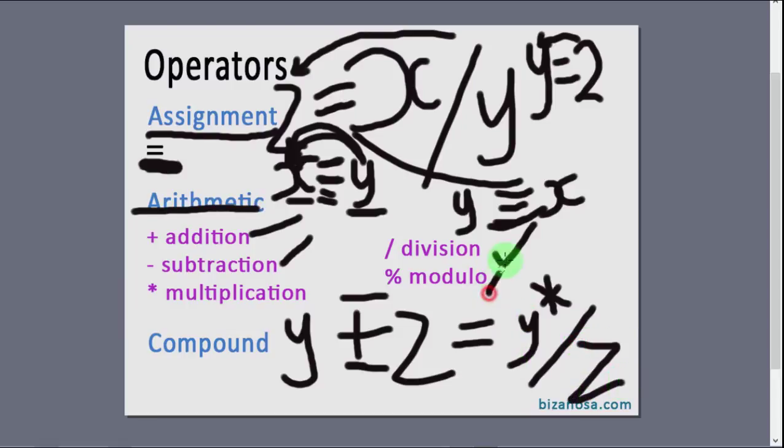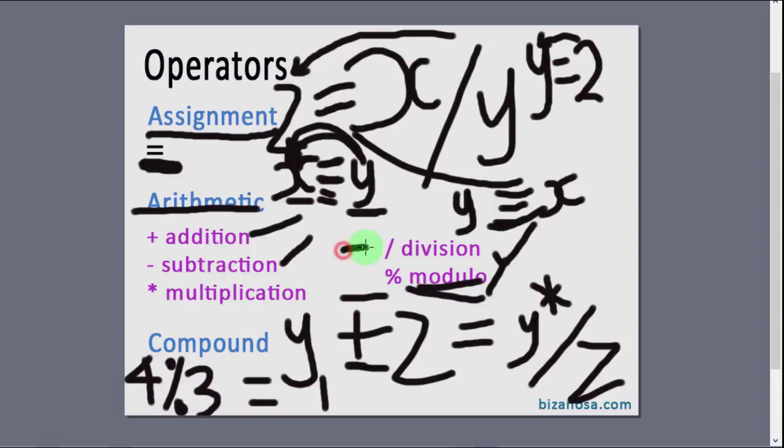Then we have the modulo. What the modulus does is it gives you the remainder. So let's say we have 4 divided by 3. The percentage sign is the modulo, so 4 modulo 3 will give you an answer of 1, because 1 times 3 is 3, and 4 minus 3 is 1.